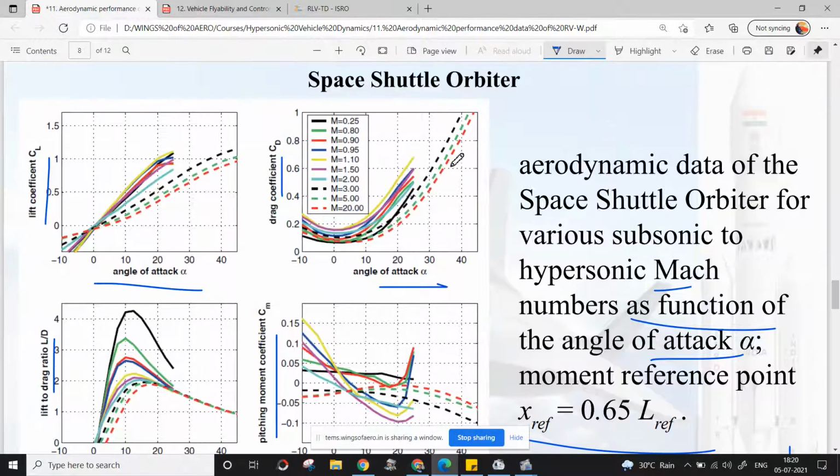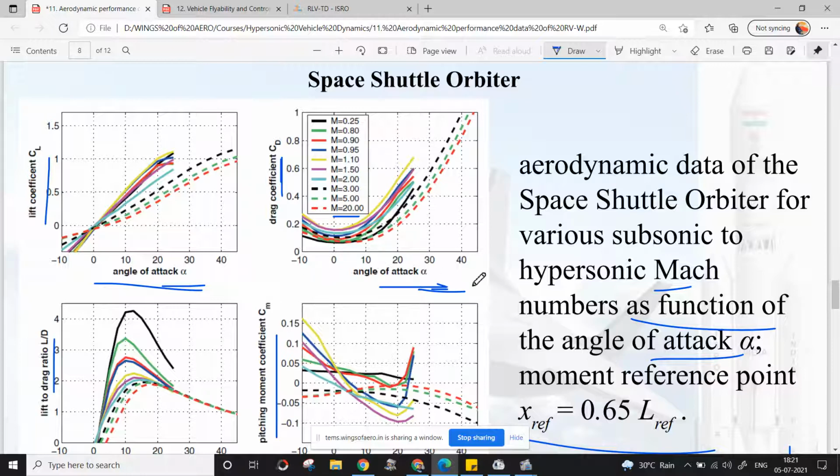So let's see what happens with lift coefficient with various angle of attack, and what is happening with the drag coefficient with various angle of attack. Mach number scenario is given over here, right? The black color indicates, green color indicates, and dotted line indicates. Since our main agenda is to decelerate the vehicle, we will just consider angle of attack and coefficient of drag, because we are going to increase the drag.